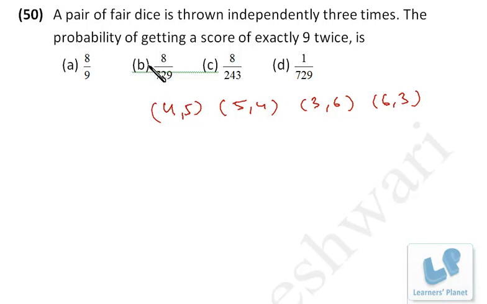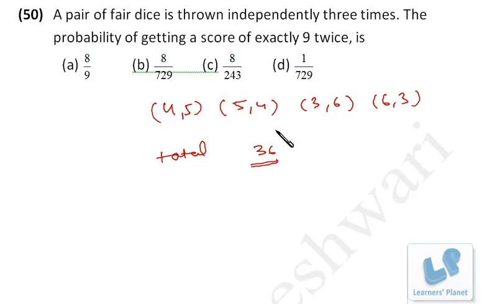So for a single pair, we have 4 combinations when we get 9 out of a total of 36 combinations, right? The sample space is 36. So if we throw the dice once, the probability of getting the sum as 9 will be 4 by 36, right?